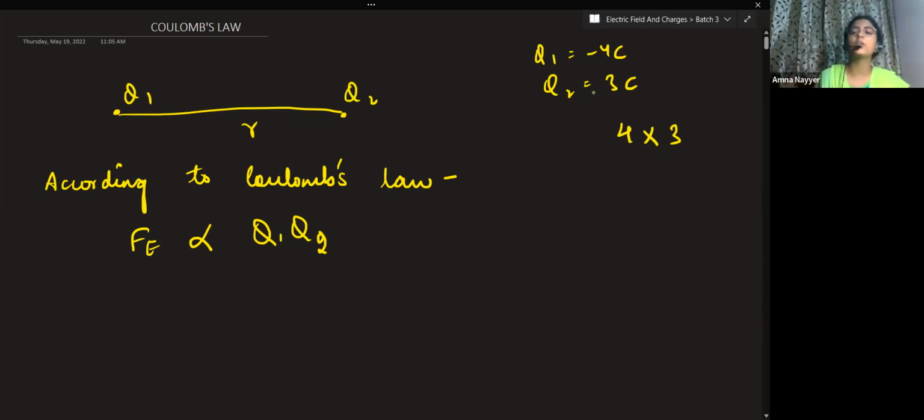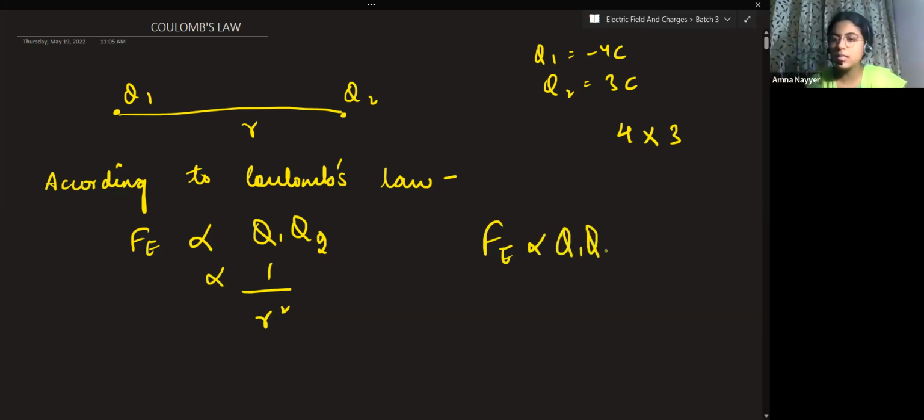So it means you have to take the product of the charges. Apart from this, the electric force is inversely proportional to the square of the radius. If I combine both these factors, electric force is directly proportional to the product of the charges and inversely proportional to the square of the distance separating both these charges.